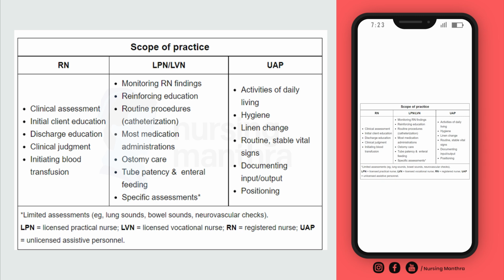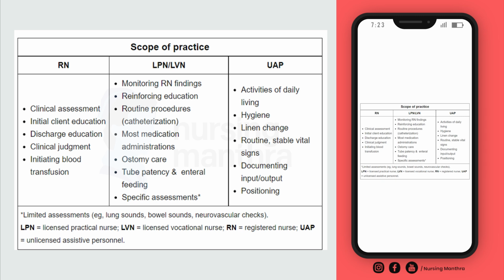Then LPN or LVN, licensed practical nurse or licensed vocational nurse, they can monitor the RN findings. After the RN gives the initial client education, the LPN or LVN can reinforce the education. Then routine procedures like catheterization and dressing they can do.